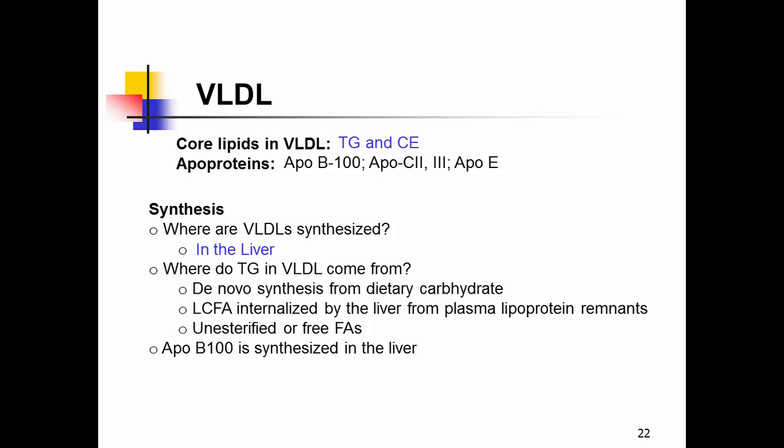So let's see. First, the de novo synthesis from dietary carbohydrate. For example, in the fed condition, when we have a lot of carbohydrate absorbed into the body, we have increased lipogenesis, remember, to convert carbohydrate to fatty acids.